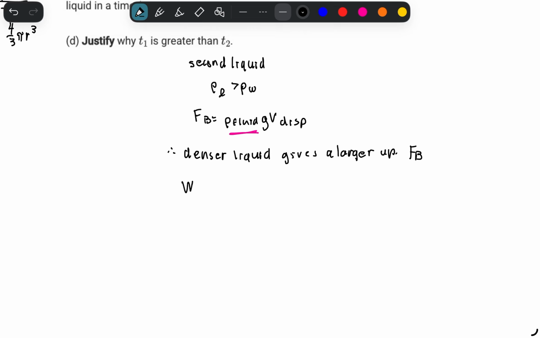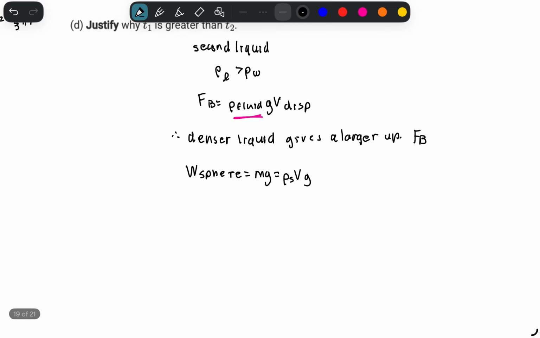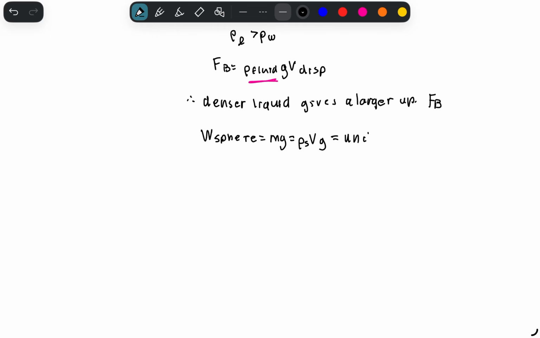Now, we can see that the weight of the sphere is equal to mg, which is equal to density S, V g. And this is unchanged.